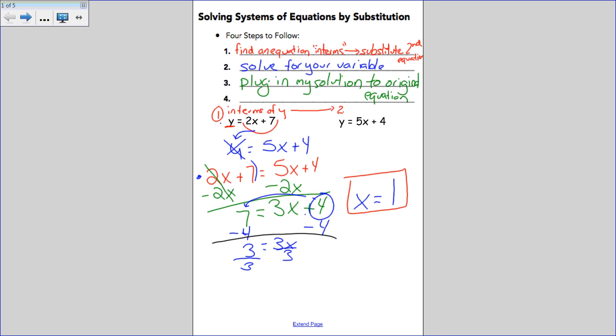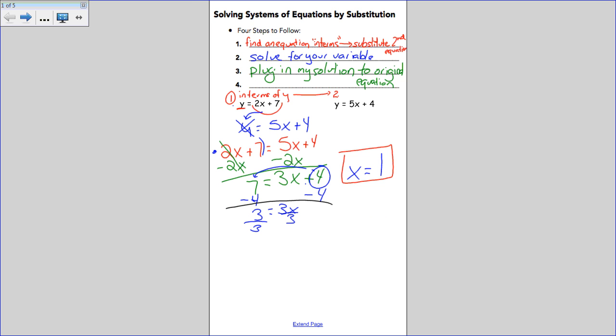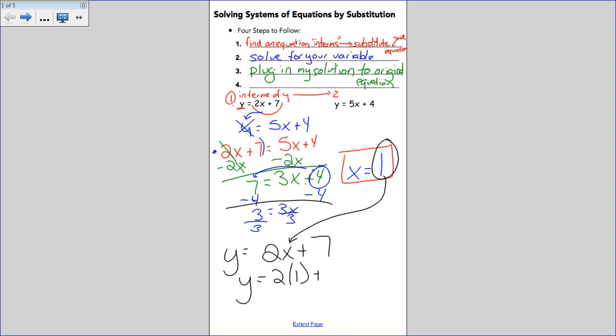My original equation that I started with was y equals 2x plus 7. Instead of saying x, I'm now going to plug in 1. So I could say y equals 2 times 1 plus 7. Well, what is that? 2 times 1 is 2, plus 7, y equals 9. Now you have solved for x and you have solved for y.